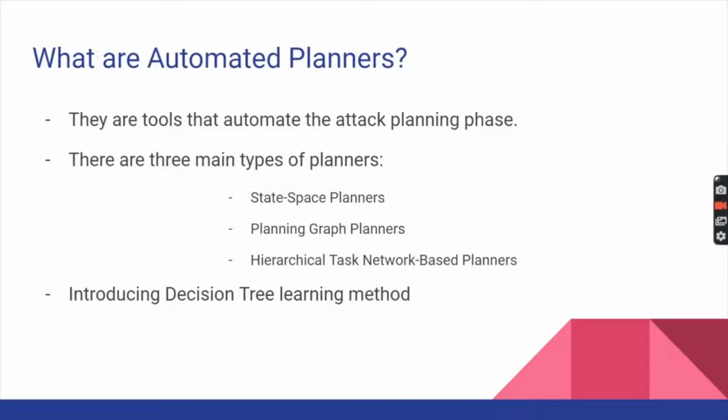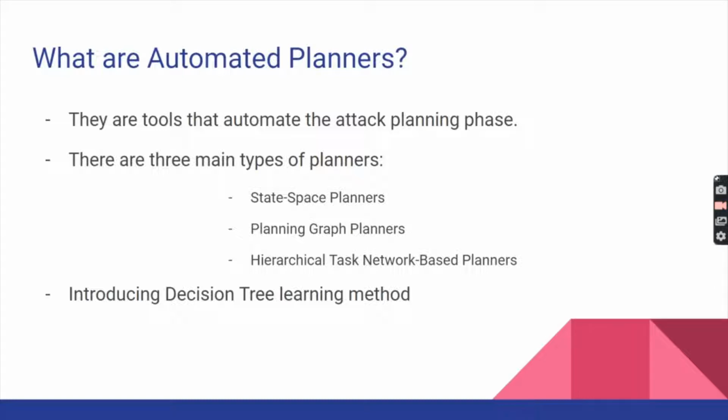Planning graph planners enhance the attack plan drafting step by generating planning graphs from the problem, highlighting the data structures that locate the best path to a goal-satisfying layer through compactly presented possible outcomes of the specified problem.